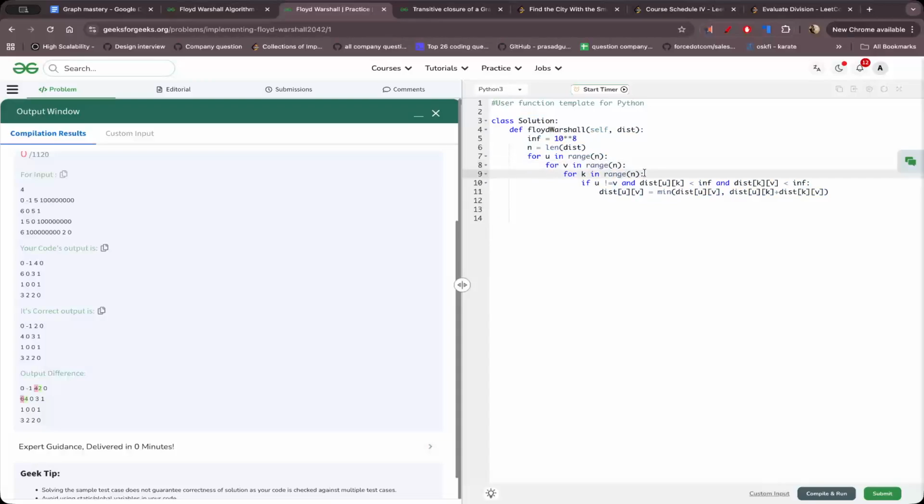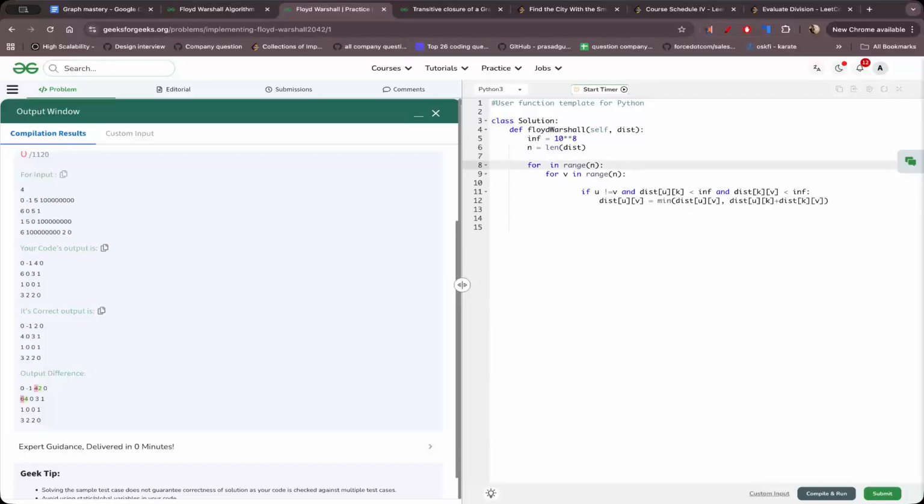So first thing is, like we discussed, for every k, I'll write it again. For k in this range, I need to try every u to v.